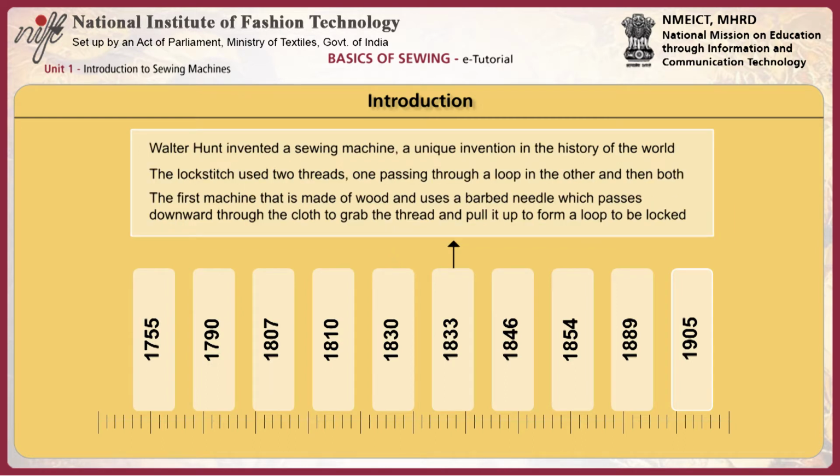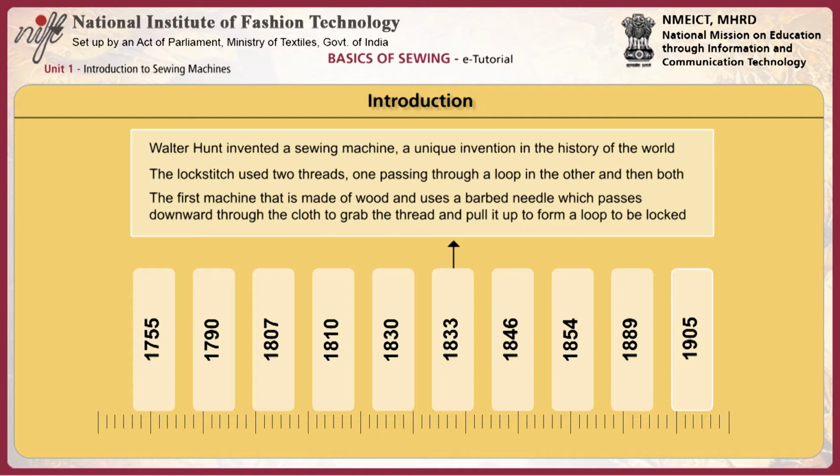In 1833, Walter Hunt invented a sewing machine, a unique invention in the history of the craft, that used a lock stitch. The lock stitch used two threads, one passing through a loop in the other and then both interlocking.